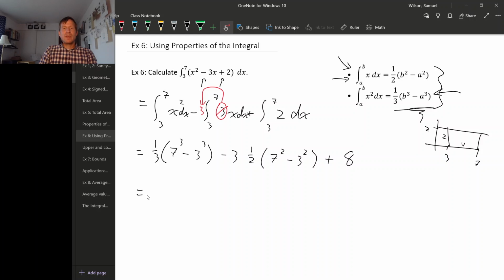All right, and now we can just work out all of this arithmetic. We've sort of done the calculus part. We've actually finished computing the integrals. It's just a matter of working out all of this arithmetic.